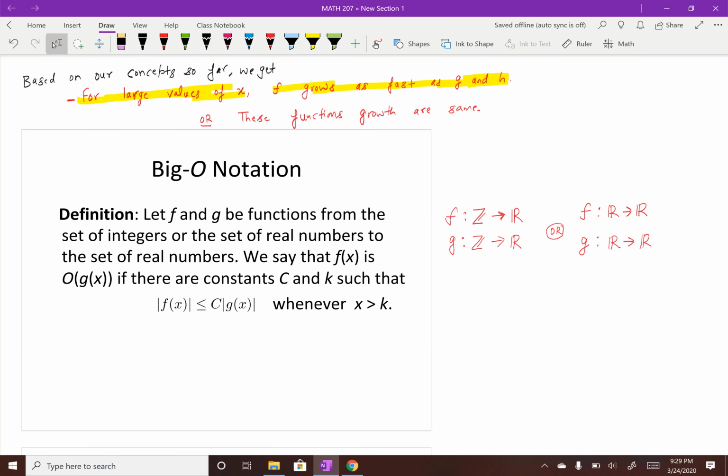Using these concepts about the growth of a function, I'm now in a position to define my first notation, which is the big O notation. The big O notation can be defined as follows. Suppose I define two functions f and g, and those two functions could be from a set of integers Z to a set of real numbers R, or I can choose to define them from the set of real numbers R to the set of real numbers R. If you define those functions in general from a set of integers to real numbers, those types of functions are mostly what you will see in computer science courses.